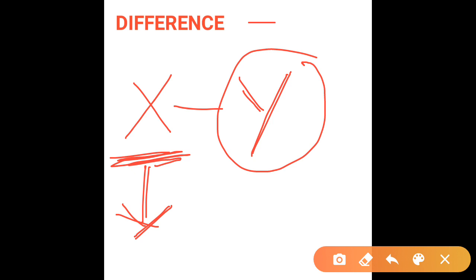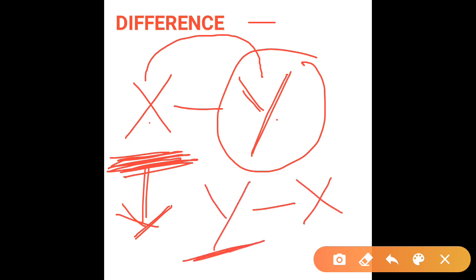Why? Because we are doing x minus y, we are subtracting y from x, so that's why you should write x elements only. If we do y minus x, you should write the remaining elements of y.